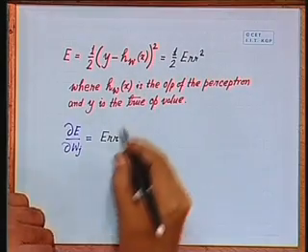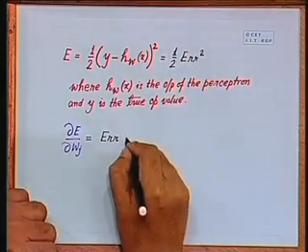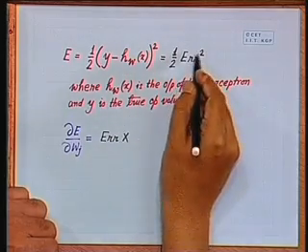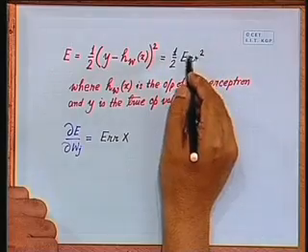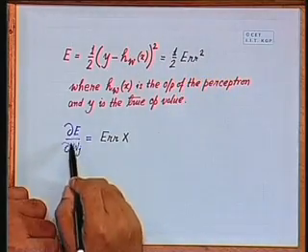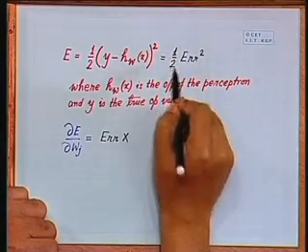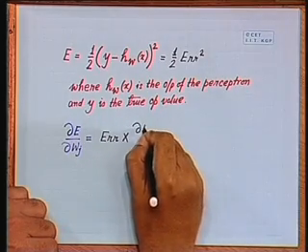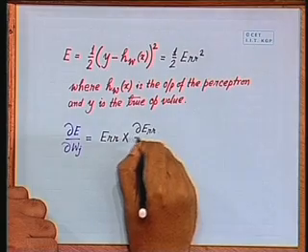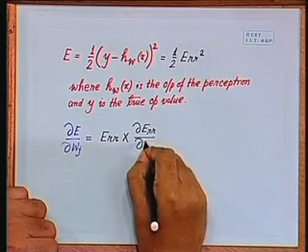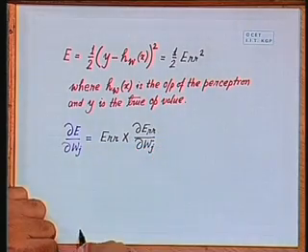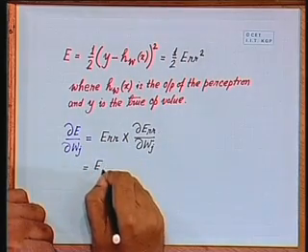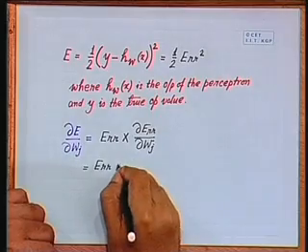So, if I differentiate, the half gets cancelled out because of the differential, and I will have ERR times delta ERR by delta Wj.